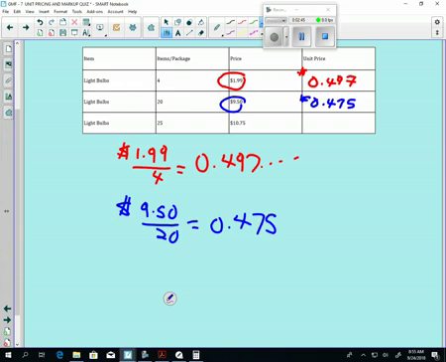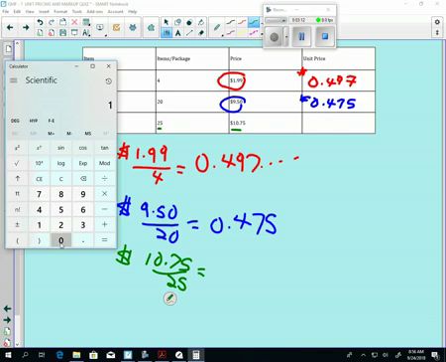So those ones are a bit cheaper, and that's expected because usually when you buy things in higher quantity, the unit price is cheaper. And finally, we have a package of 25 that costs $10.75. So price on the top divided by the number 25. 10.75 divided by 25, and then we get an exact 43 cents.